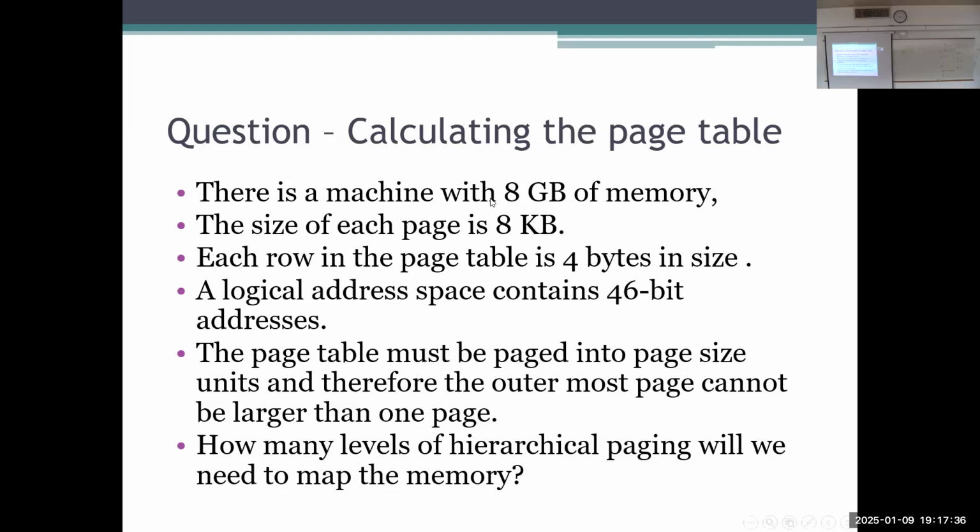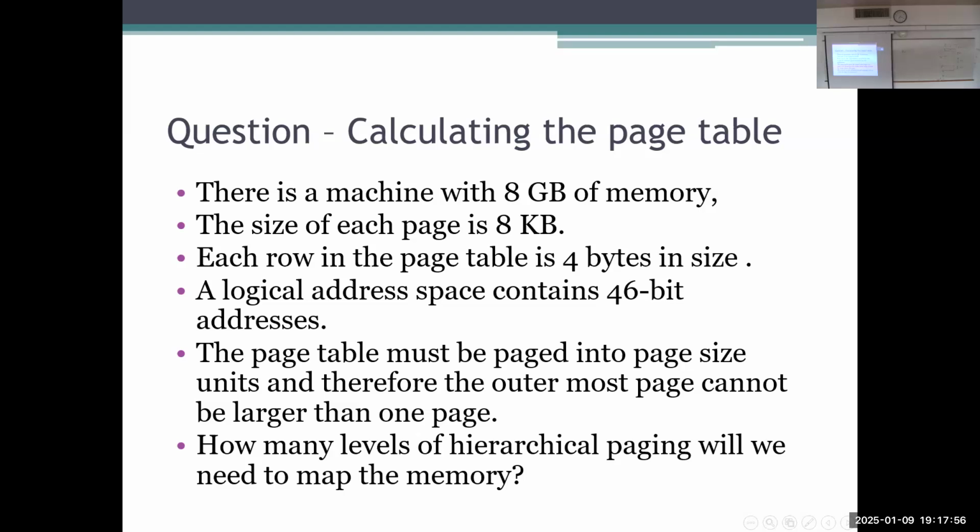There is a machine with 8 gigabytes of memory. The size of each page is 8 kilobytes. That's actually nice numbers. So offhand, how many pages? 8 megabytes? Sorry, a million, approximately a million.